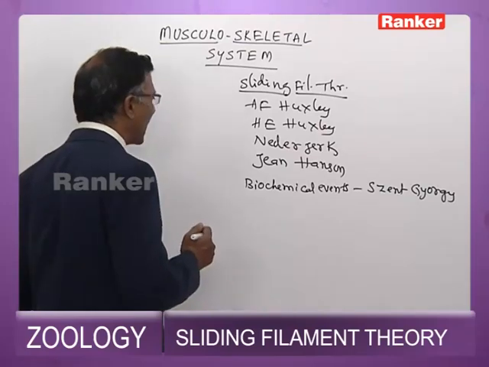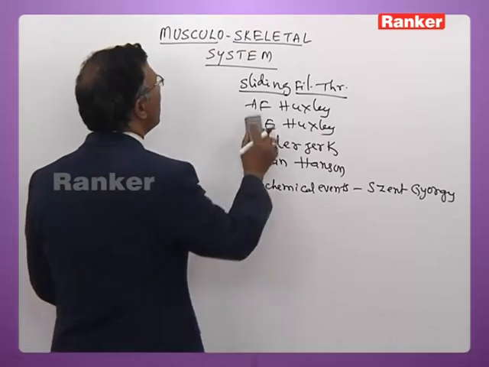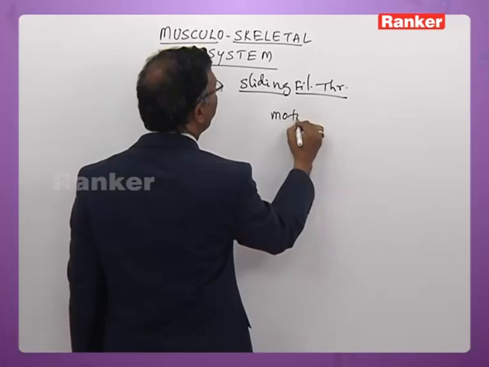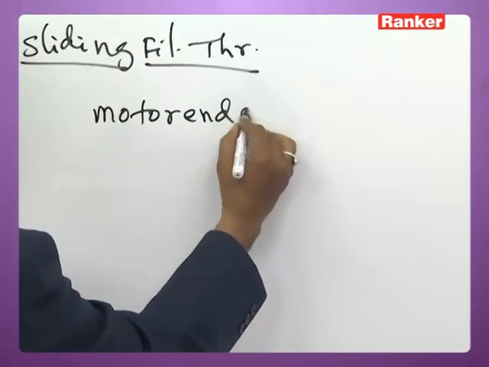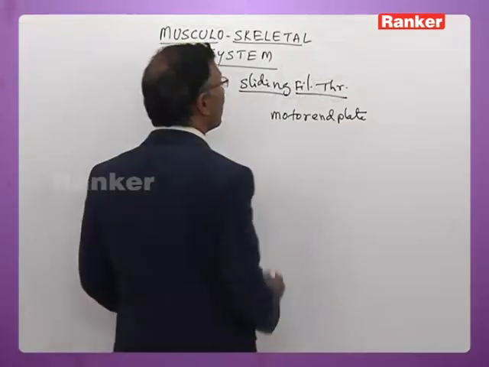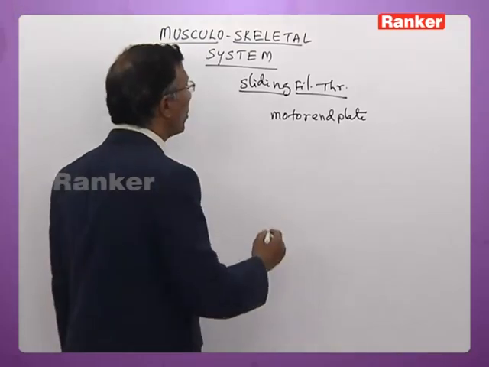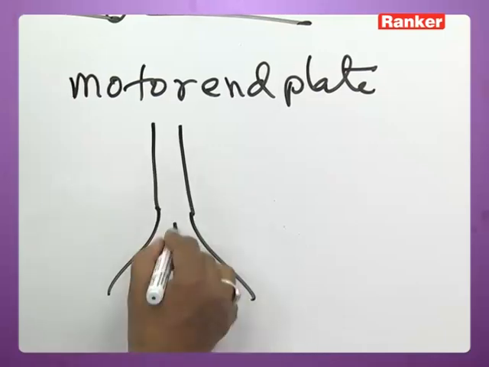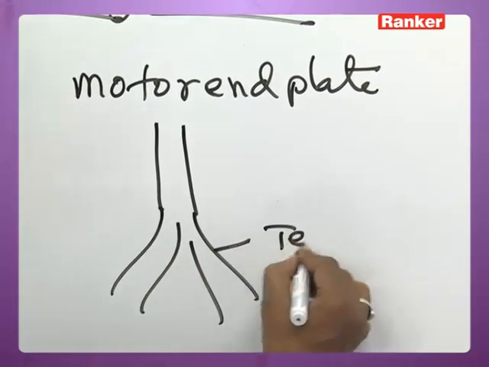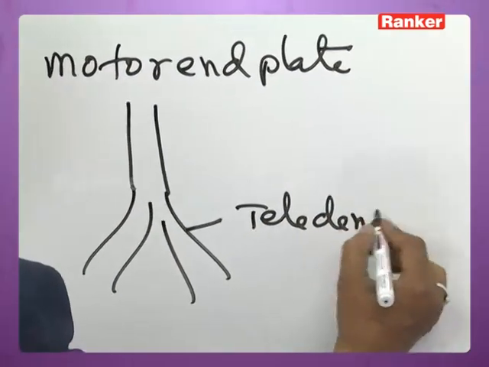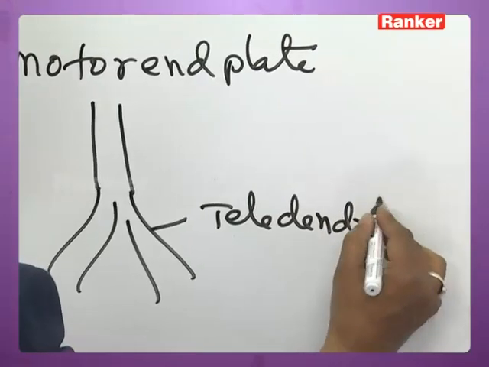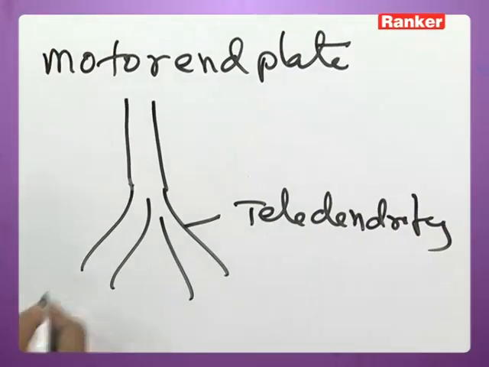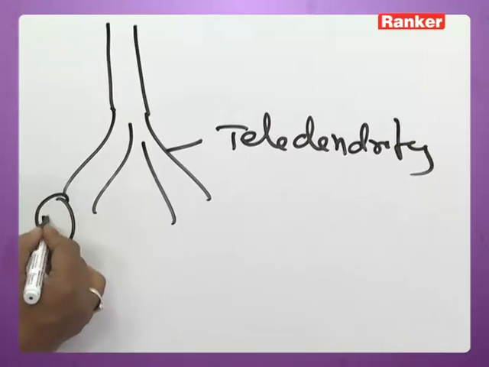Now the muscle fibers get excited by motor end plates. What is a motor end plate? A motor neuron ramifies to form several telodendrites. Each telodendrite innervates a muscle fiber.